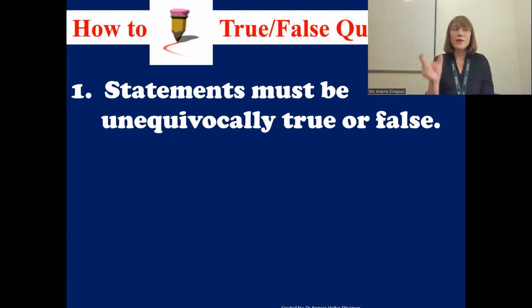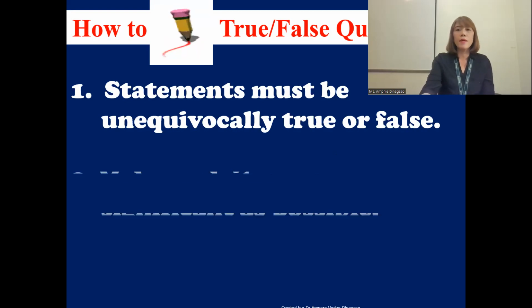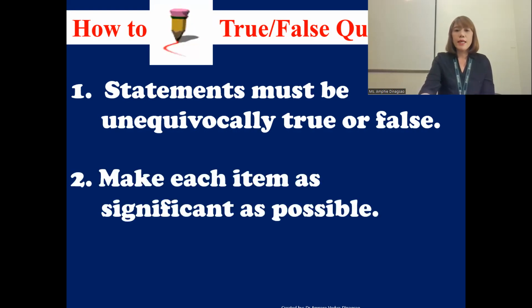And that's the reason why, when we are constructing, we have to choose statements that must be unequivocal. The guideline for constructing a true or false test is that we have to create statements that must be unequivocally true, or unequivocally false. So true or false has to be true for that particular statement that you're giving. It has to be true all the time, false all the time. And of course, let us make each statement as significant as possible.